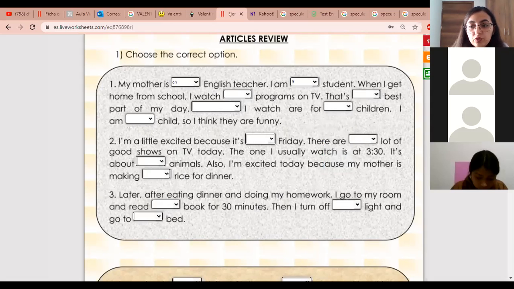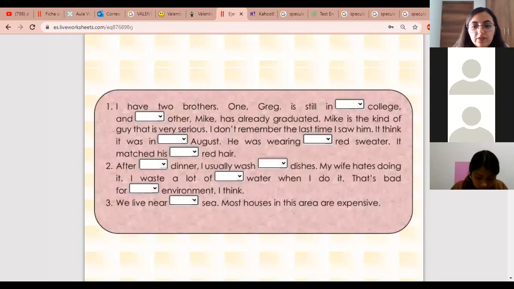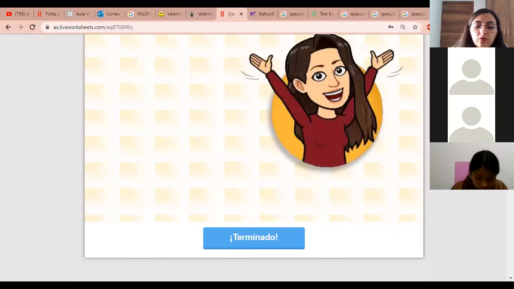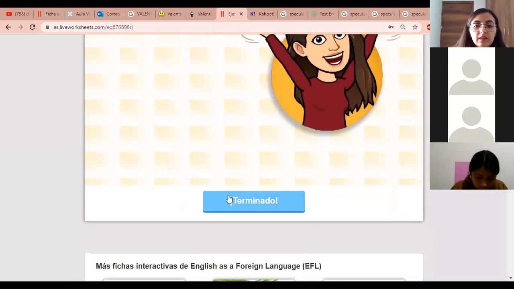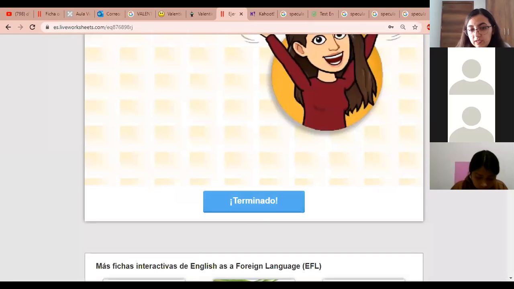Okay, so you're going to complete this first reading, the second reading, and this third reading. Once you end this, you know that you can send the answers to the teacher, okay? You know how to do it, and you will upload a picture as evidence of this exercise.